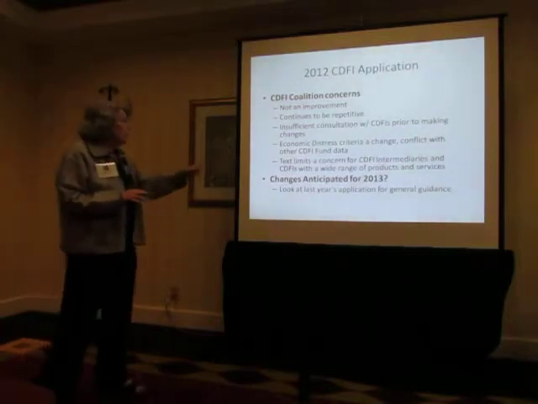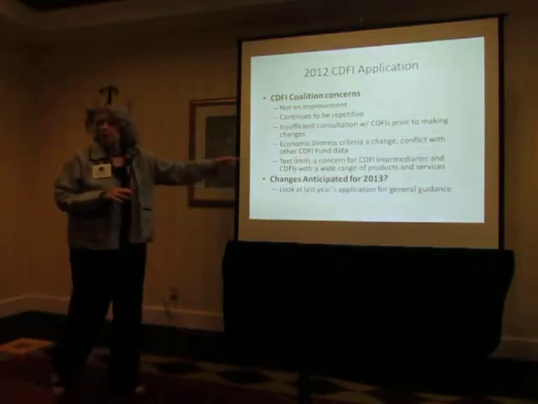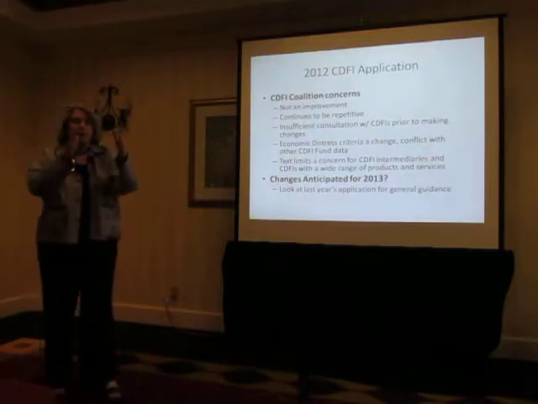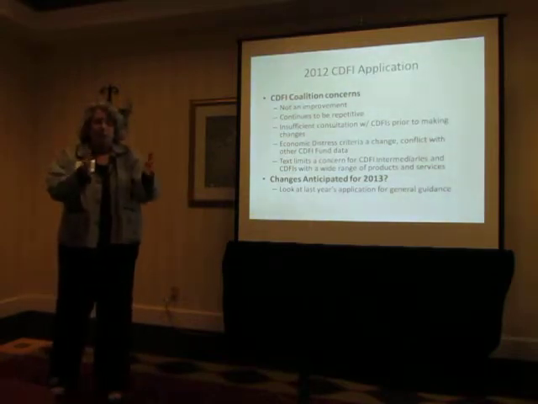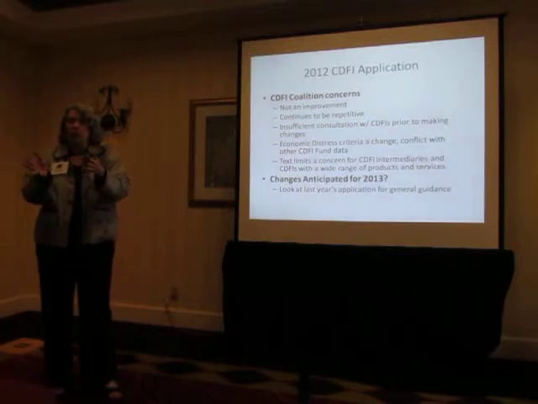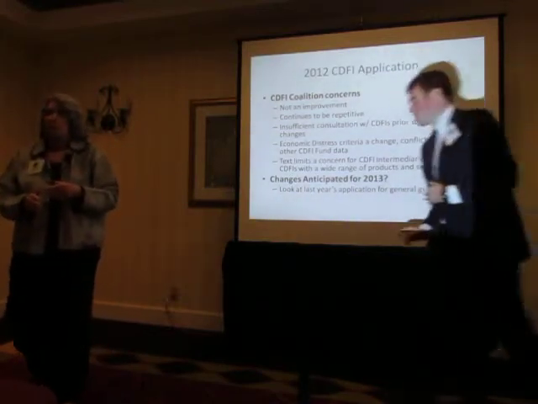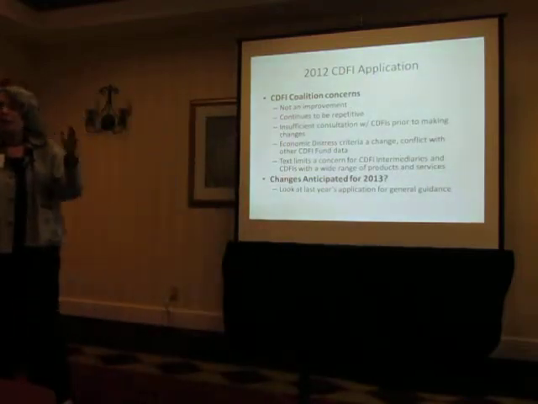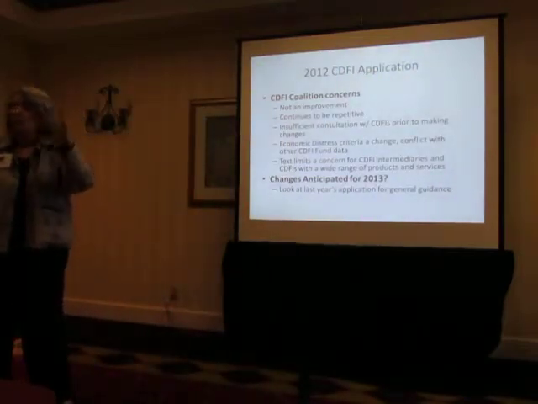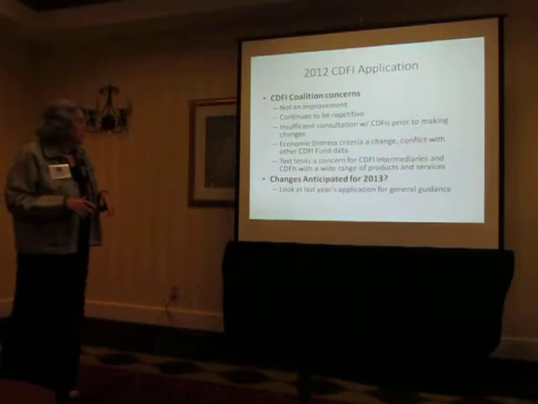But especially for larger organizations, if you're a loan fund that's doing just business loans or just housing loans, it's easier to fit into the text limit. More complex organizations have trouble fitting in.